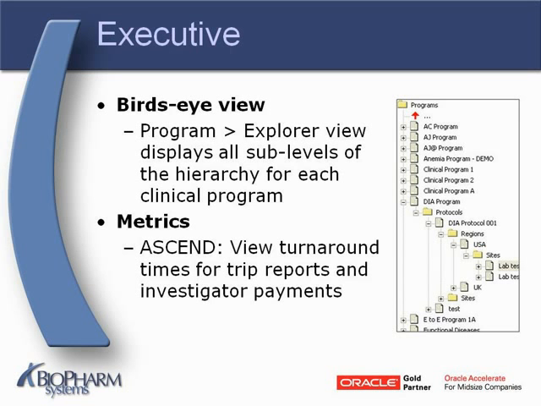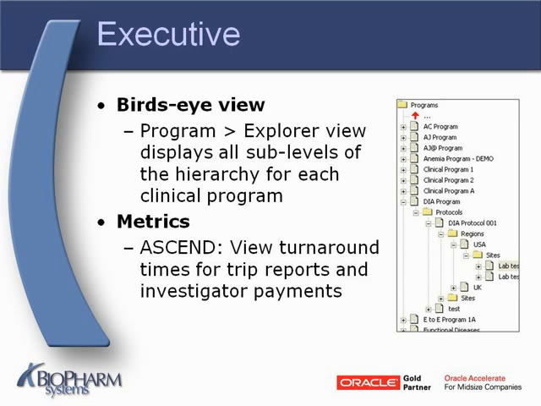In addition to that, executives are interested in metrics. There are not many metrics available out of the box for Siebel Clinical, but it is a common requirement to put together some metrics within the system for custom implementations.